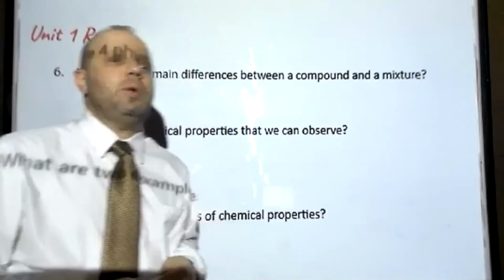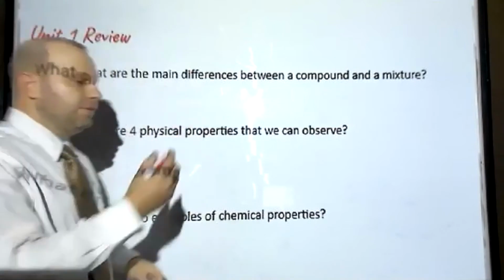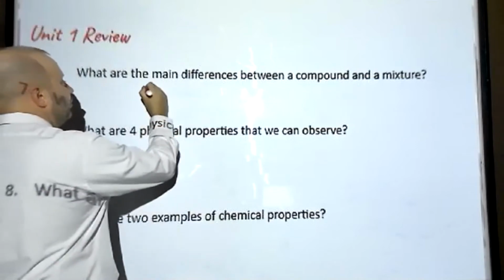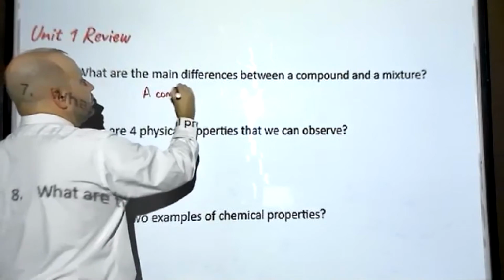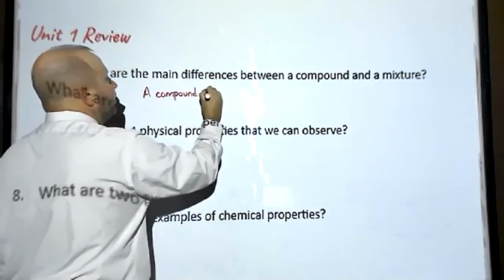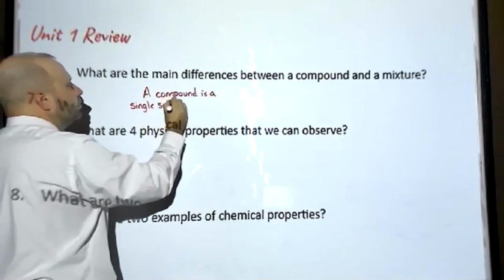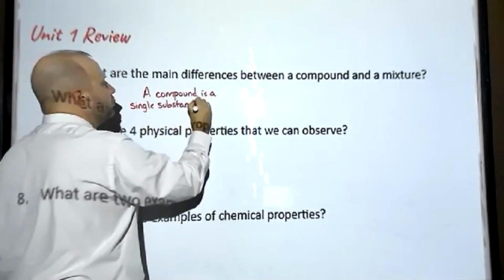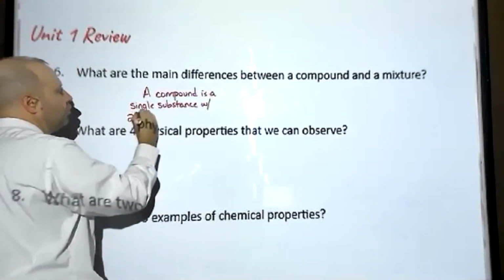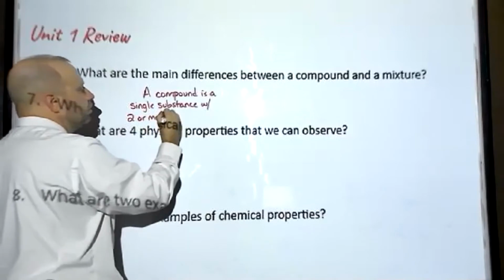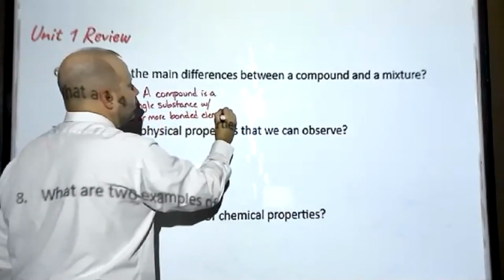Okay, so the next question here says, what is the main difference between a compound and a mixture? So a mixture, let's start with compound. Compound is a single substance with two or more bonded elements.